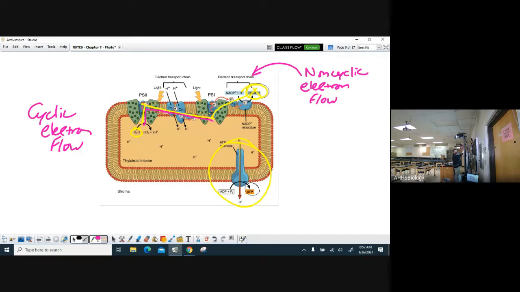Photosystem 1, when light hits them, can boost them up, and then instead of being passed to NADP plus reductase, where they end up at NADPH, they can be sent back to the electron transport chain molecules, and then you can just keep doing this kind of triangle right here, where we go this way, and this way. And plants can turn this on or off whenever they want. And every time it makes a loop, we get more hydrogen ions pumped. What do the hydrogen ions allow us to produce?